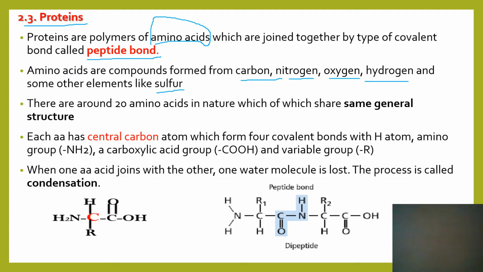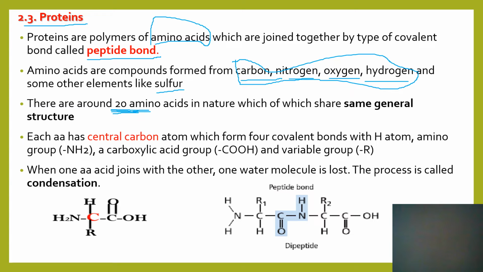But all amino acids have these four elements in common. There are around 20 well-known amino acids in nature, and they have the same general structure in common.